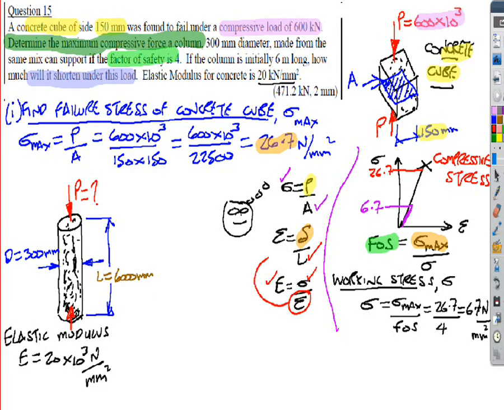And I can put that strain into this equation, and I can rearrange to find the change in length. So that's my thinking exercise through the question. You don't need to write that down, but that's how I'm thinking it through. I'm going to find the force from the stress equation, the strain from the E equation, and the extension from the strain equation. So there's my little process through the problem.